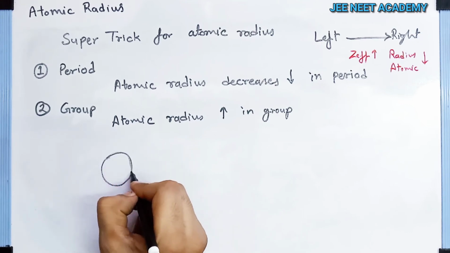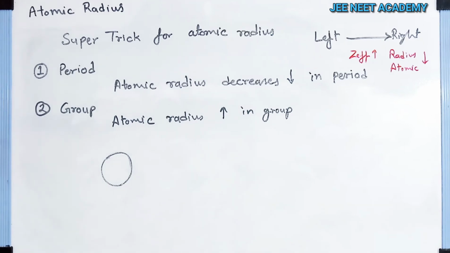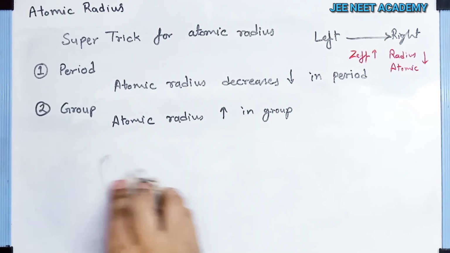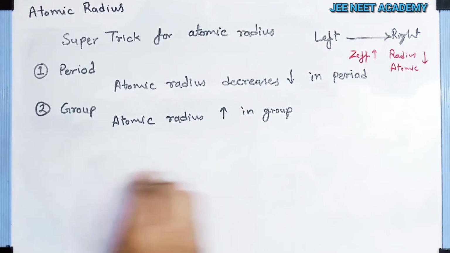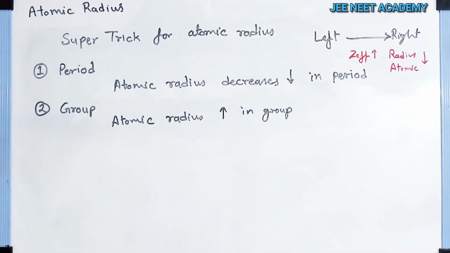In the next element in a group, one orbit is added, so the radius will increase. Although the Z effective will be the same, because the shell is increasing, the atomic radius will increase.